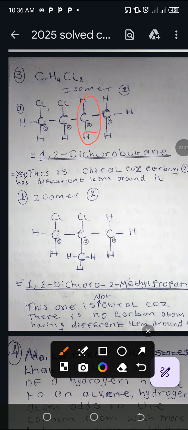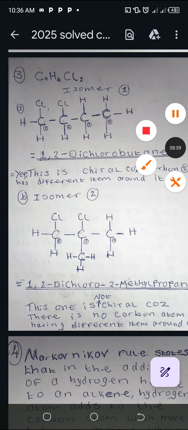But the third one has hydrogen and hydrogen. These two hydrogens are surrounding the third carbon, but they are the same atoms. Even this one here has hydrogen and hydrogen. But for the fact that the whole structure has one carbon that is surrounded by different things, it means that it is chiral. Hope you get it.